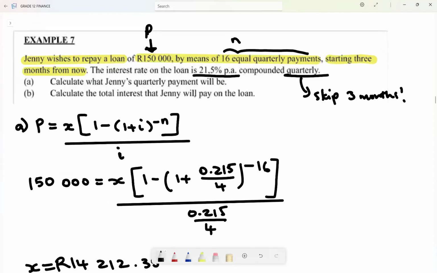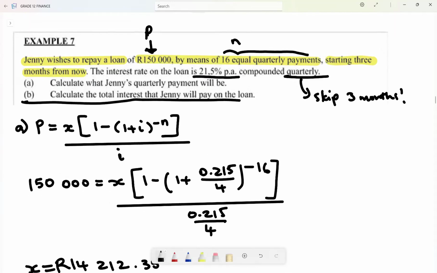The number B part of this question says, calculate the total interest that Jenny will pay. Remember, if you take a loan of 20,000, when you repay it, you'll pay more than 20,000, almost double sometimes, especially for houses.